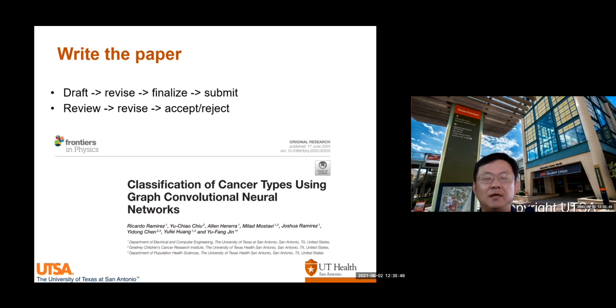So normally, in about 3 to 6 months, you should be able to hear back from the journal about the result of the review. So the first review, the outcome will be either directly reject, which will be pretty unlucky for you, or it will ask you to revise based on the comments from the reviewers.